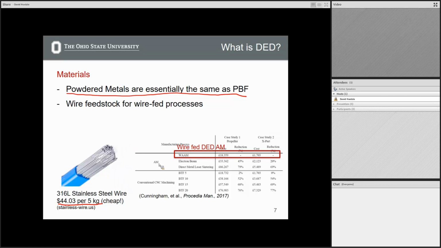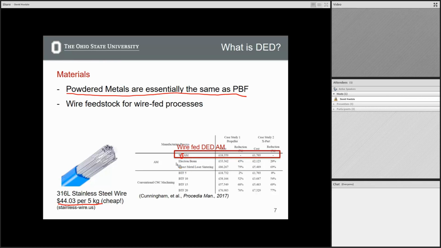And so then people have done a lot of price comparisons. So this is just a real recent paper looking at kind of the economics of some of these processes. They call the process wire. I forget what actually the first name was. Wire something additive manufacturing. But basically, everyone has their own name. But this is wire-fed GDAM.